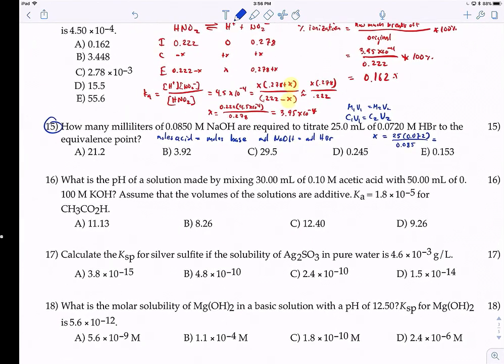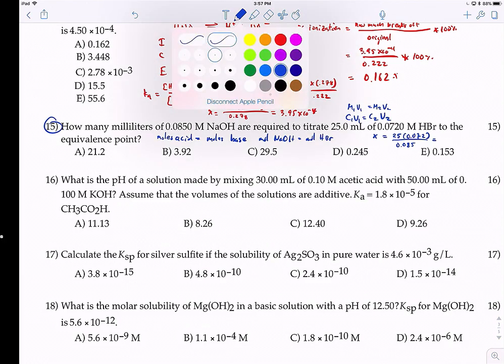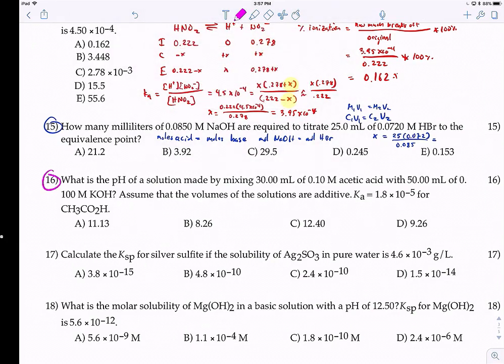Okay. What is the pH of a solution made by mixing 30 milliliters of 0.1 molar acetic acid with 50 milliliters of 0.1 molar potassium hydroxide? Okay, so this is another one. Something to note: you have the same concentration.